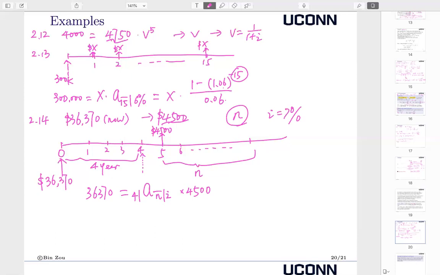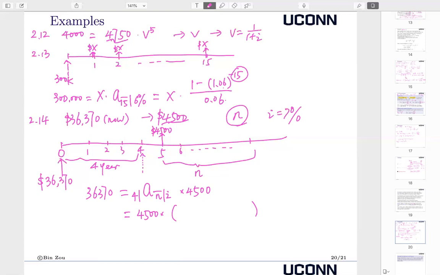But deferred annuity is not exactly that helpful. So how do I figure this out? If I look at this as an annuity immediate, the starting time is year 4, the end of the 4th year.